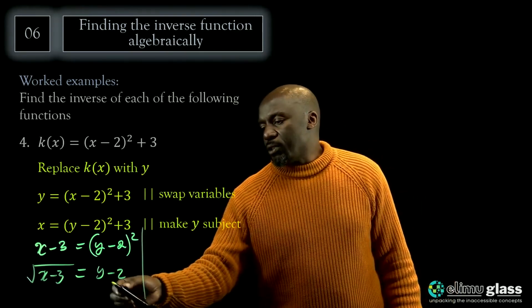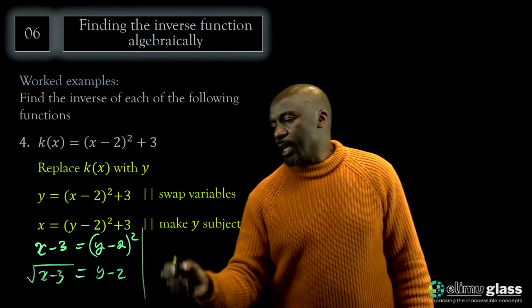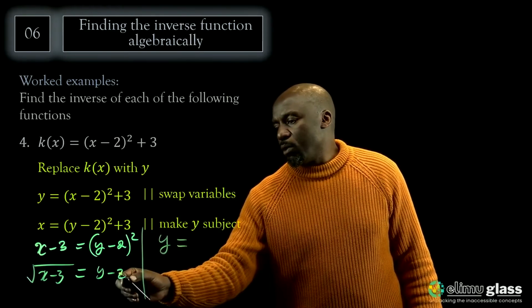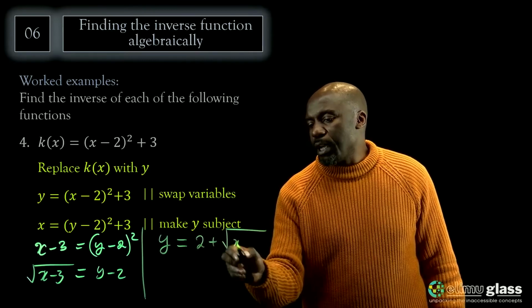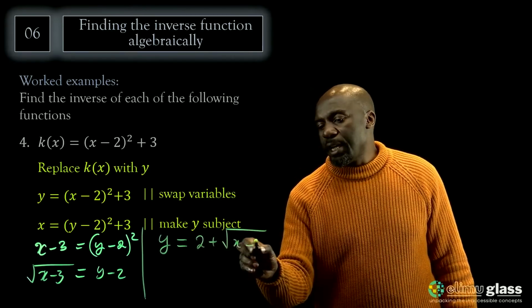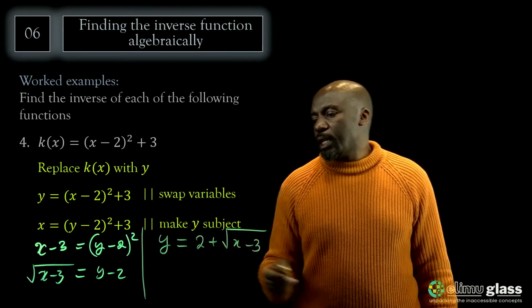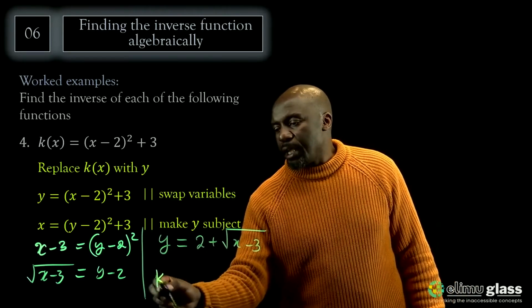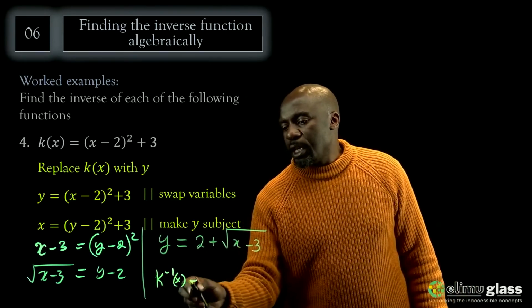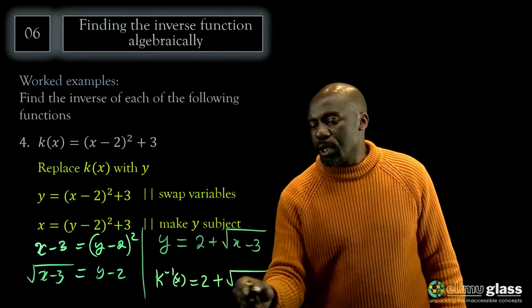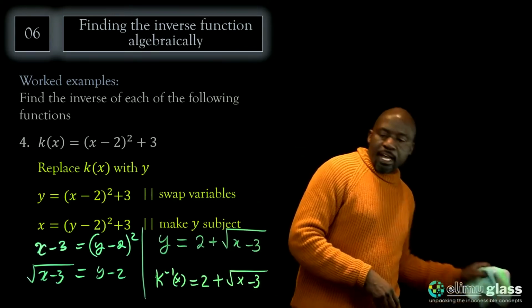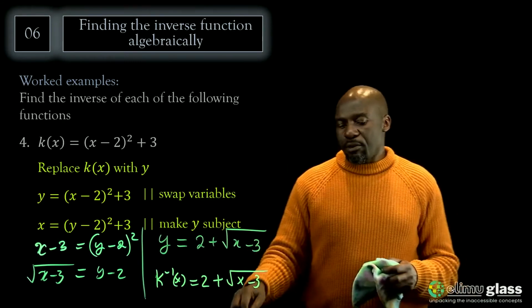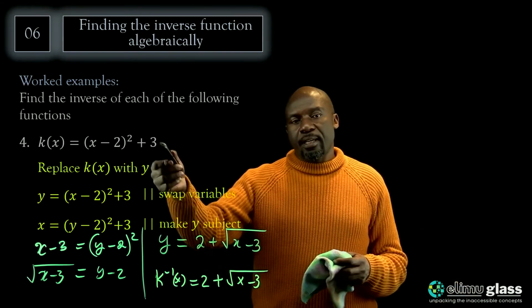And now all I need to do is take these two to the other side, and I have y equals positive 2 plus root of x minus 3. That's really it. And so I can say my k inverse of x is 2 plus root of x minus 3, like that. And that is the inverse of the function k of x here.